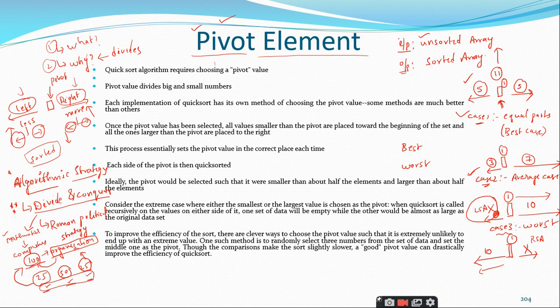This is all about the pivot element. We have seen what a pivot is, why we need this pivot, the algorithmic strategy that lies behind this quicksort algorithm, what is called divide and conquer, and we have seen 3 different cases of how this pivot selection will influence the efficiency of the algorithm.